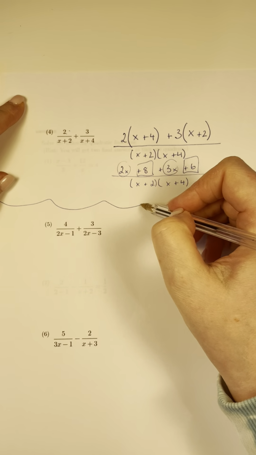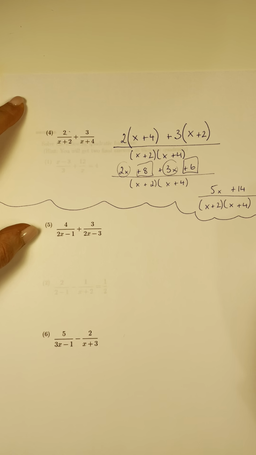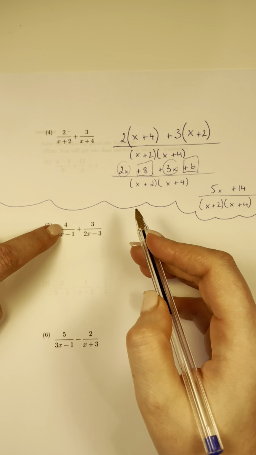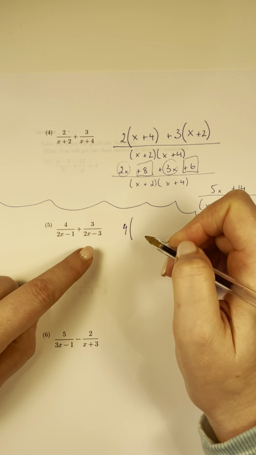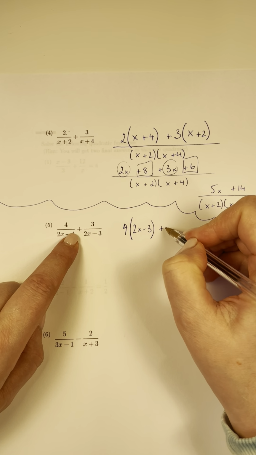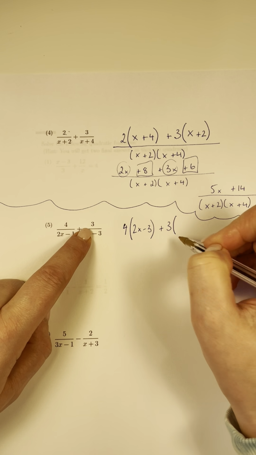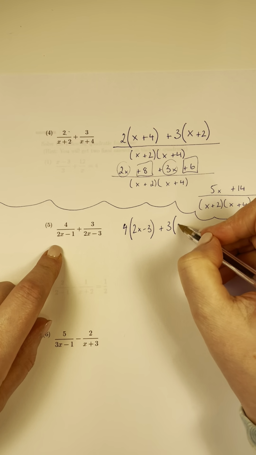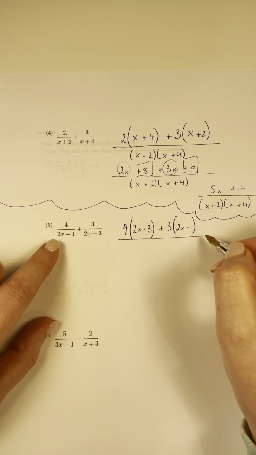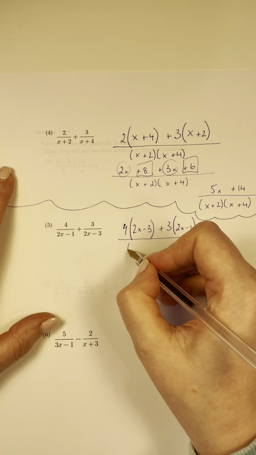Okay, on to the next one, which is numbered 5 here in this, but I just chose some of the best questions from the handout. So you sort of cross multiply, you get the 4 times 2x minus 3 plus 3 times 2x minus 1 all over everything across the bottom.